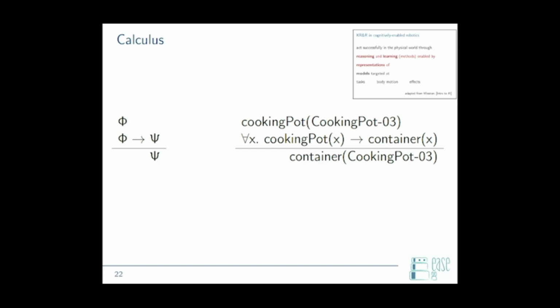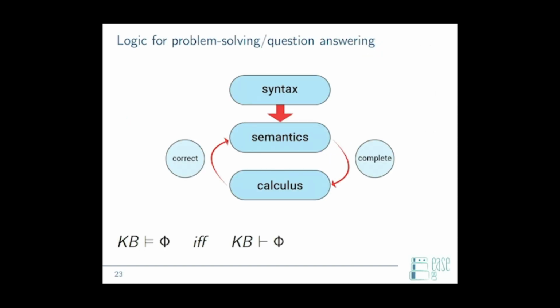So this is very important: we are designing logics where the semantics and the calculus have two important relations with respect to each other. For one thing, if we execute the symbol manipulation operation on expressions that are true, then the output should be true.